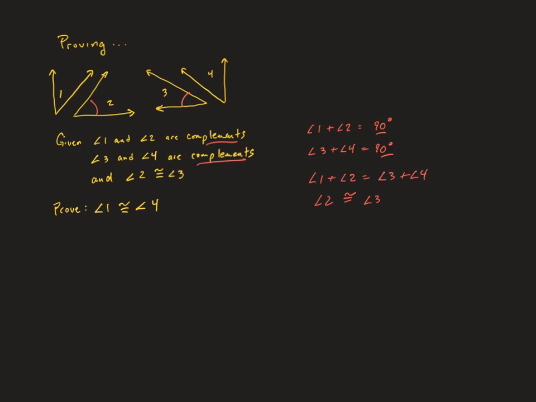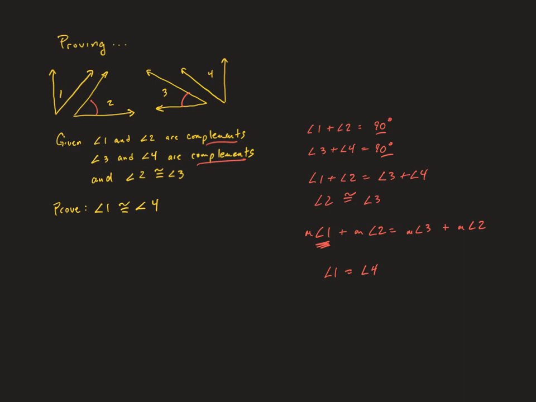So if we work with some substitution, we know that the measurement of angle 1 plus the measurement of angle 2 is going to be equal to the measurement of angle 2, right? Well, we can do some substitution for 2. We say the measurement of angle 3. That's using substitution. Then we can turn around and say, well, it looks like angle 1 is going to be equal to angle 4 using the subtraction property.